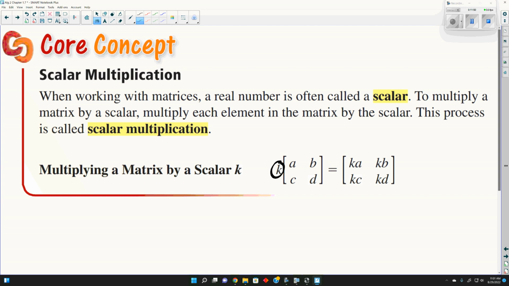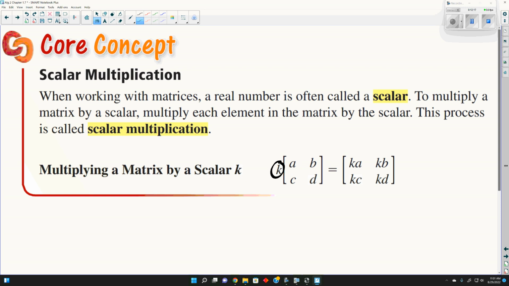Scalar multiplication, we're just multiplying everything in the matrix by that number. Let's stay eyes up here. Now we're going to multiply everything in that matrix by whatever that number is.